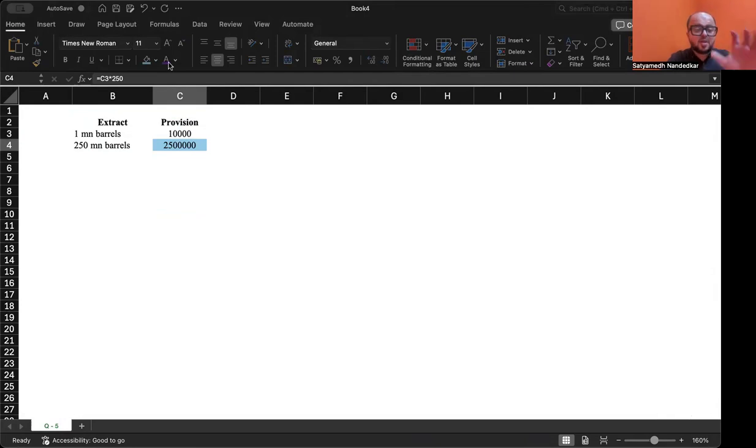Now, this is not the entire question, by the way. This is just a part of the question. And apart from that, what do you need? You also need to talk about the dismantling provisions. Here they have said that there is a restorative cost and they have said ignore discounting. So please don't take that into consideration. Look at the question.